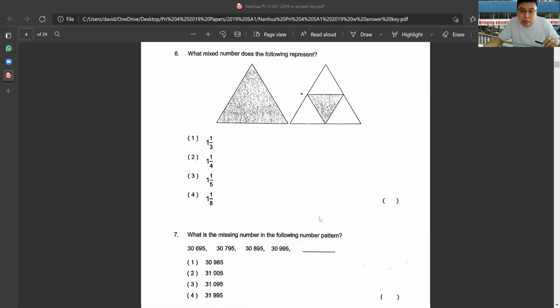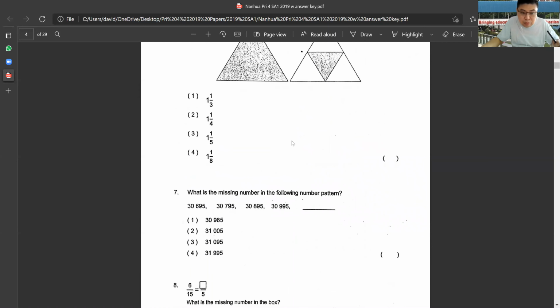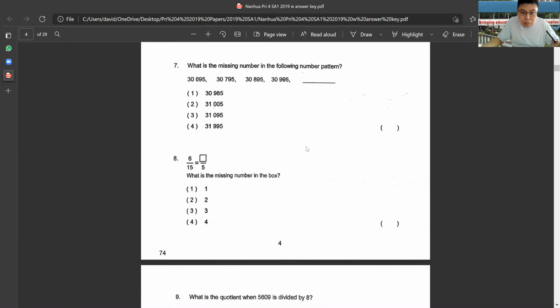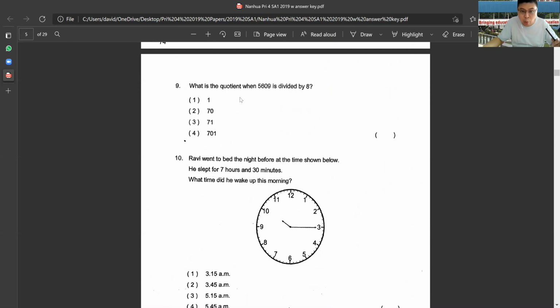Okay. Then this one, what mixed number does the following represent? Number 2. Correct. Very good. Answer is number 2. Okay, number 9. What is the quotient when 5609 is divided by 8?